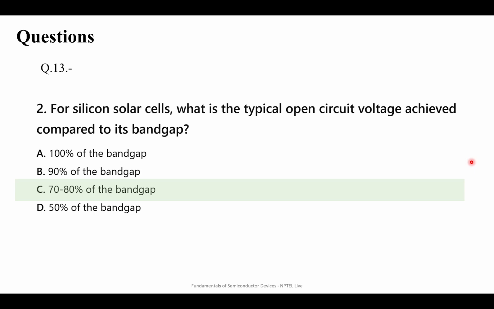So it is 70 to 80%, around 75 to 78% typically you get. So how much would be 75% of 1.1? It will be near about 0.8. Yeah, so typically the open circuit voltage you get for a silicon solar cell will be around 0.8, 0.85, around that.